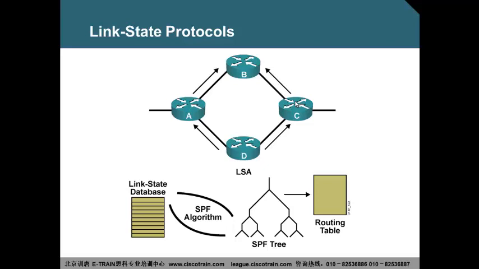And these LSUs are all collected into a database, which is a kind of topology table for OSPF. The database is called the OSPF database. You can also compare it to a topology table. The link state database is nothing but the topology table of OSPF.